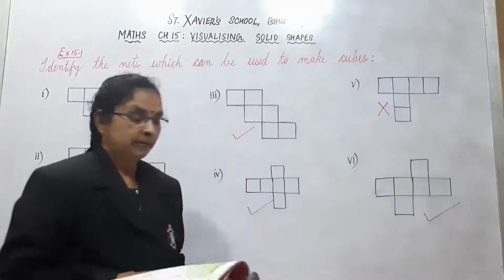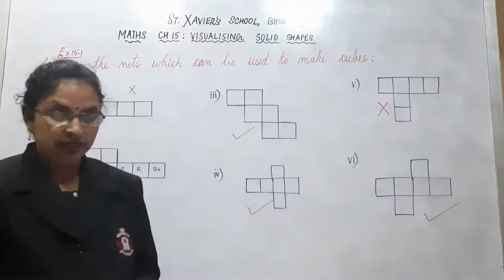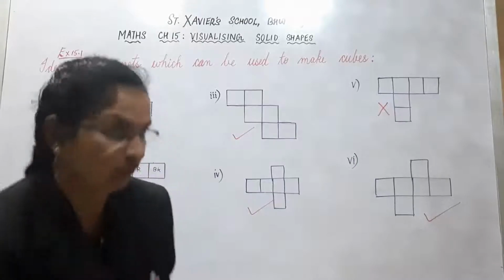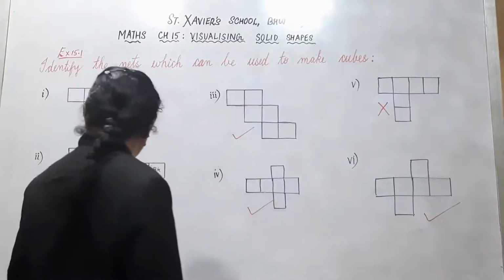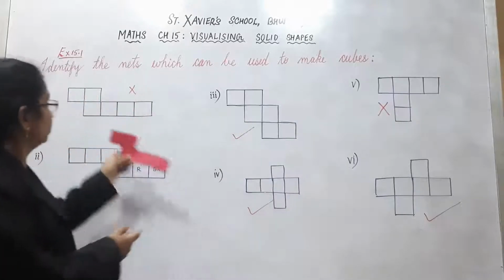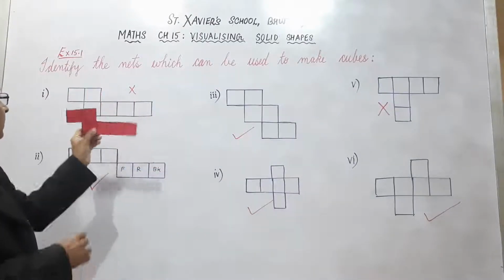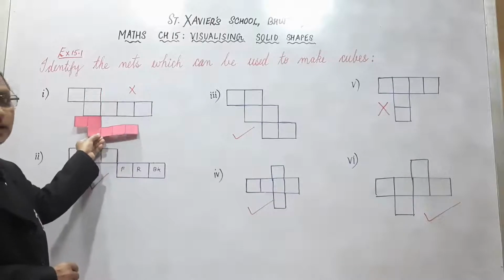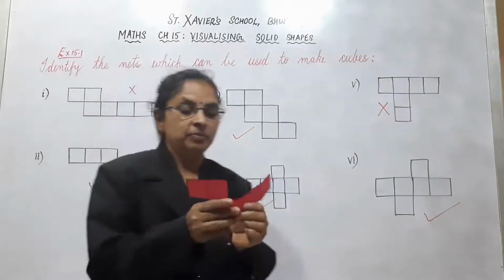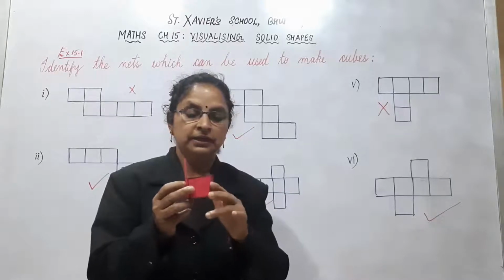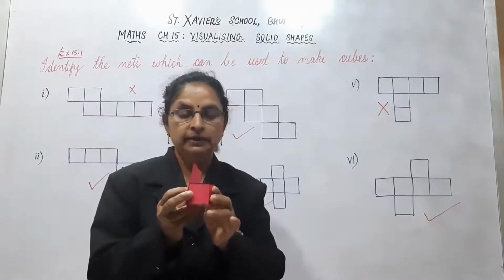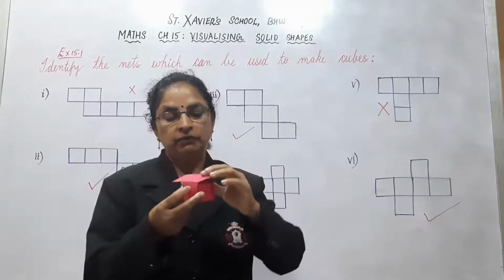First one, 6 nets are given. Let us check. A few nets I have prepared. I'll show you. This is the first net, right? Let me fold it. First face, second, all the 4 faces are here. And then the top I folded.